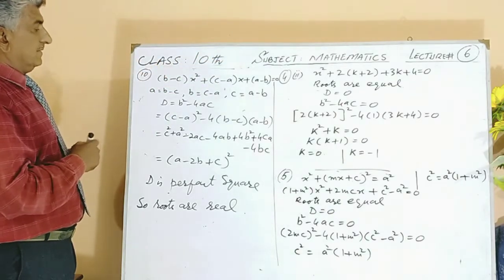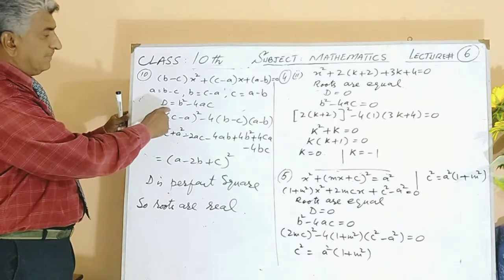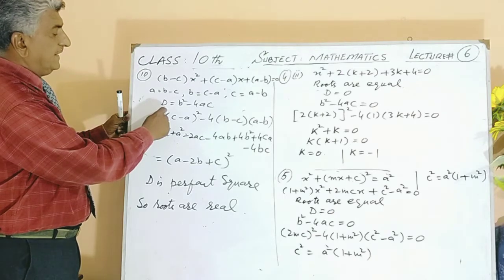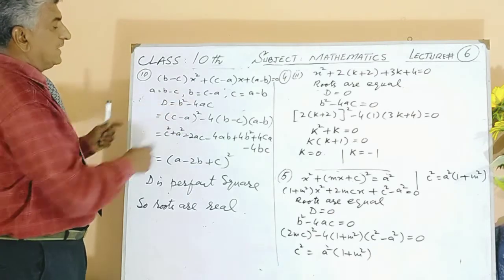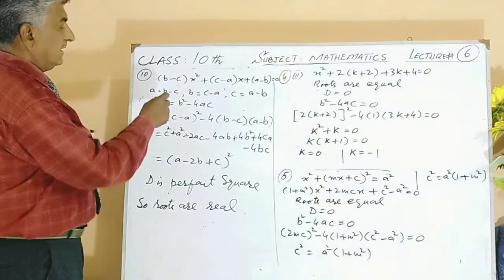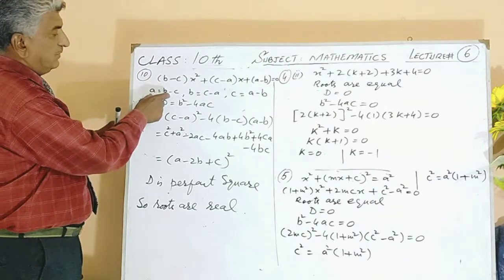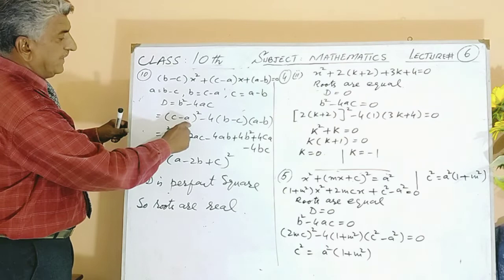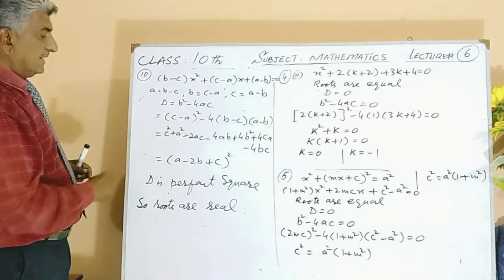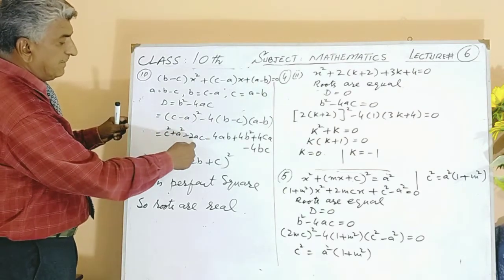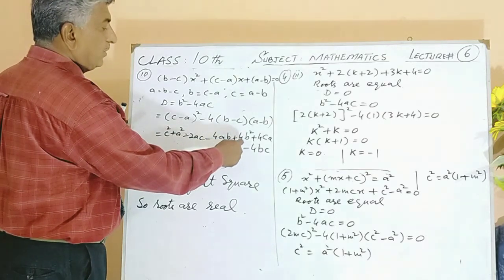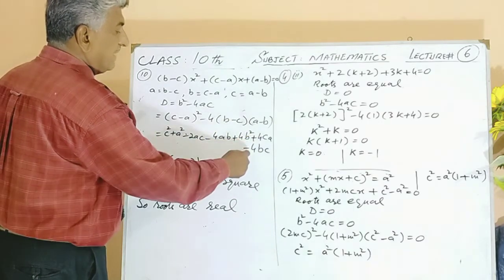Again, you will use the concept of discriminant. Discriminant d is equal to b square minus 4ac. You will put the values of a, b, c, and after putting the values, you will get the result c square plus a square minus 2ac minus 4ab plus 4b square plus 4ca minus 4bc.